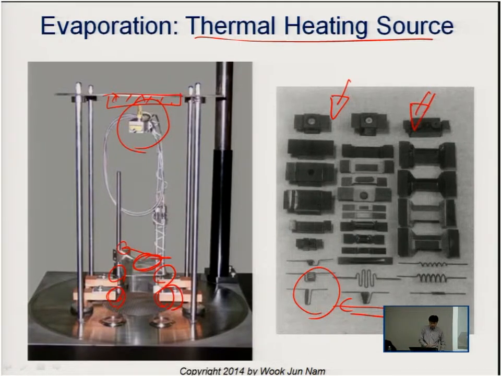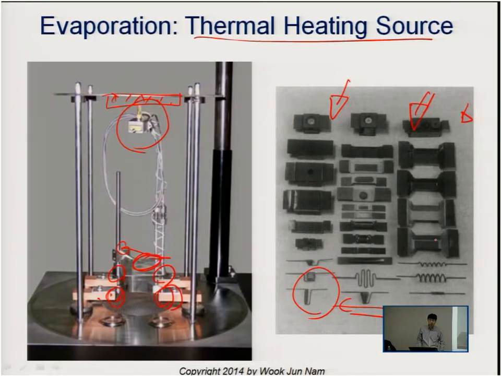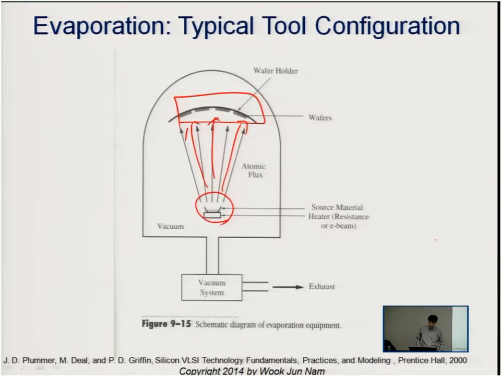Applying a bias between these two electrodes creates resistive heating in the boat, and eventually increasing the heating melts the source material and evaporates it. That's what thermal evaporation does.